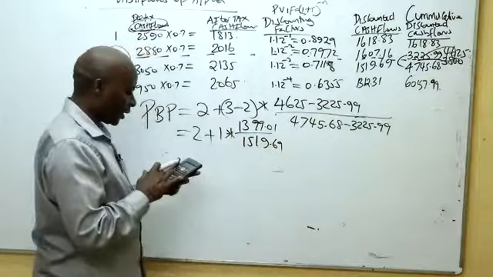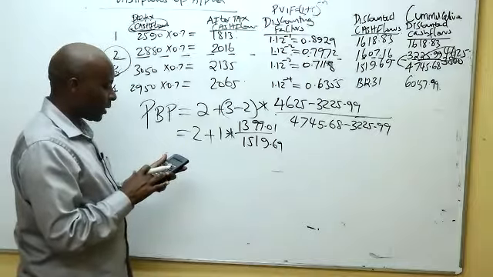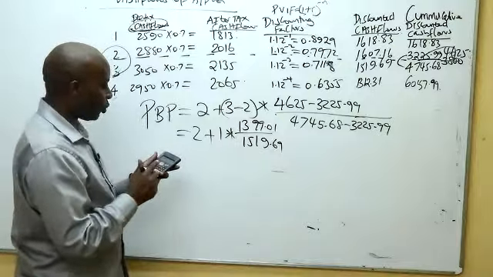So we have here 1399.01 divided by that answer, times 1, plus 2, which gives me 2.92 years.